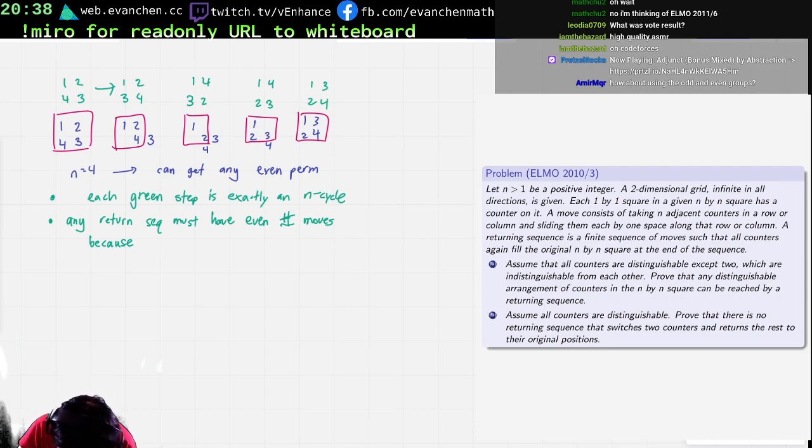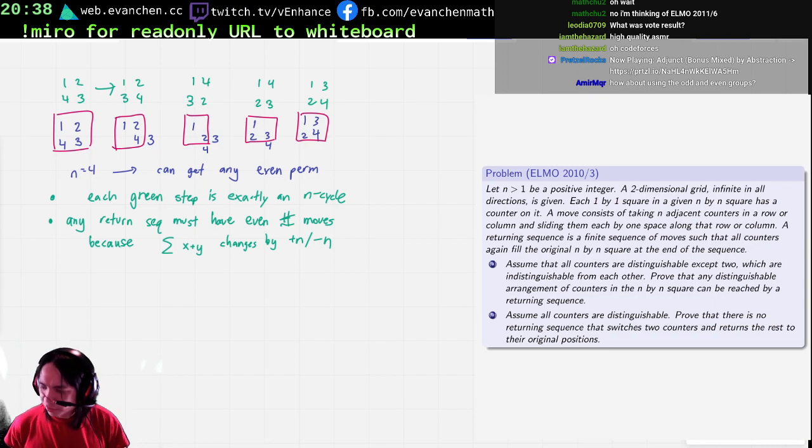Look at the sum of x plus y. Okay, just look at the sum of the coordinates. This thing changes by plus n or minus n each step. So in order to get back to 0, you need to do the operation an even number of times. Okay, great! So that actually solves part B outright.